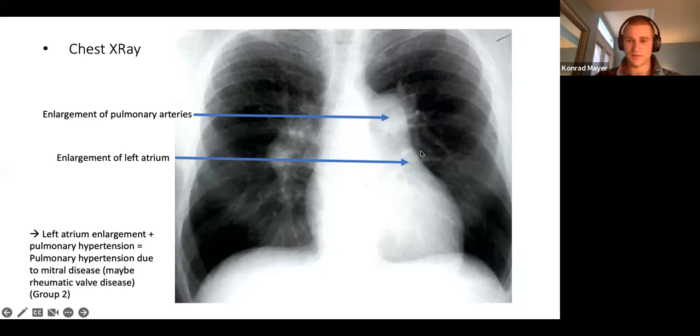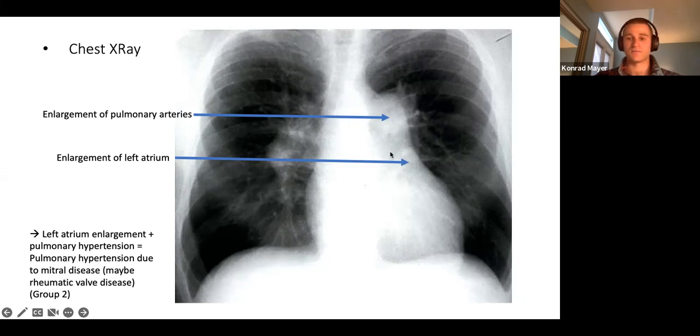also a picture from AMBOSS, and it shows, if you're familiar with the normal cardiac silhouette, you can tell that the top part should be much narrower. And this top bump here is caused by the pulmonary arteries, and this is much more pronounced than it should be, which means the pulmonary arteries are taking up more space, which is a sign of pulmonary hypertension.